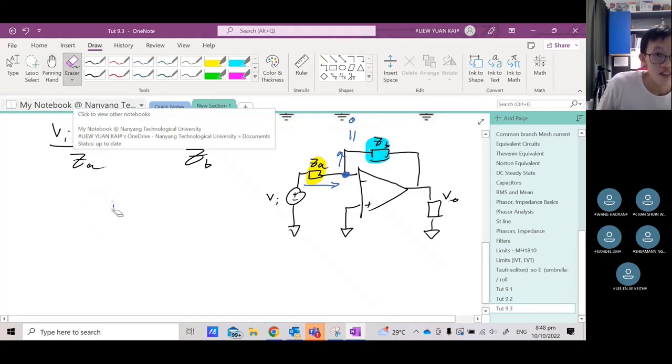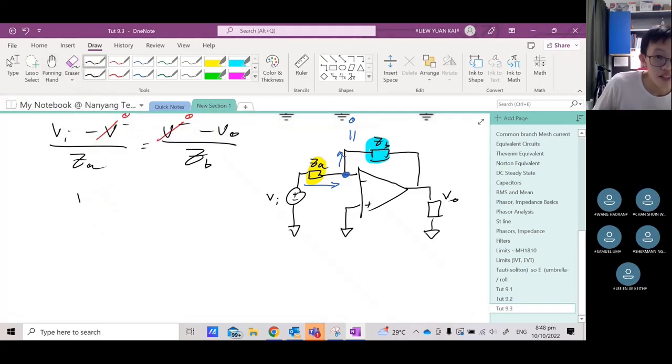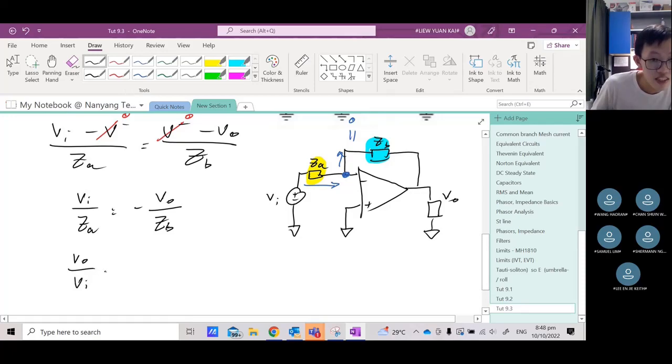Okay? So let me just simplify this. So ZA is equal to negative V out over ZB. Right? See? There's already V out at the top. What we need to do is make this one go down here. Correct? So when we do that, at the end of the day, you will get V out over V in is equal to minus ZA over ZB.